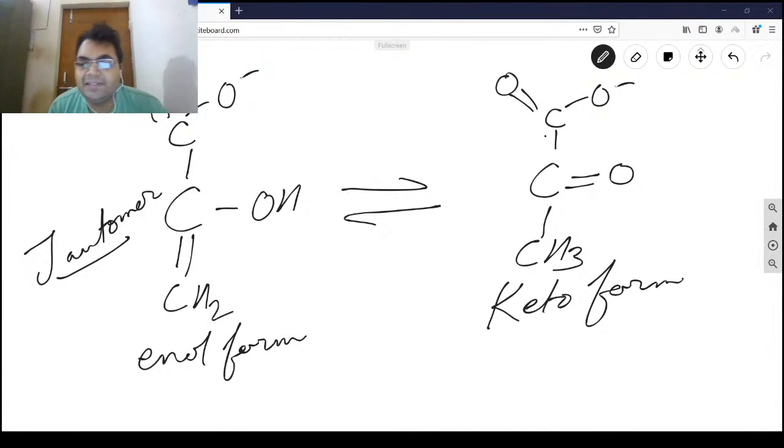So the pyruvate first appears in the enol form, which tautomerizes rapidly and non-enzymatically. There is no enzyme needed, in its keto form, which is predominant at our physiological pH of 7.35 to 7.45. That pH is necessary for that.